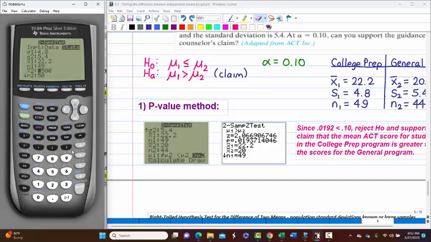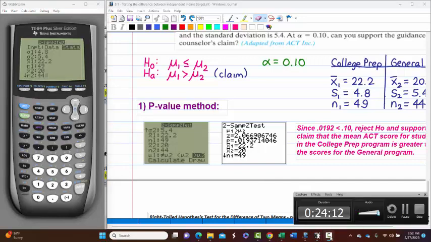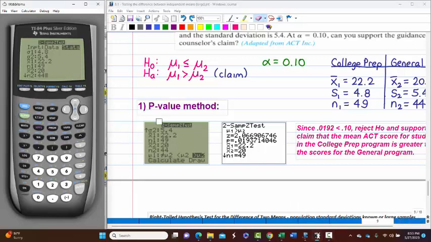Second mean is 20, or just 20 is good enough. N2, 44. And this is right-tailed, so we have to pick that. Calculate.